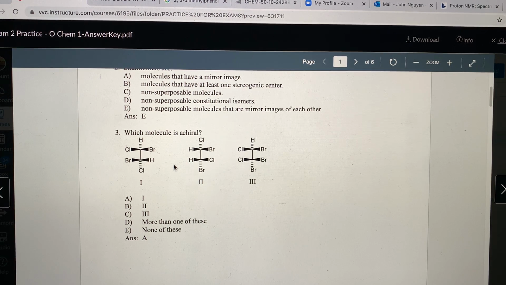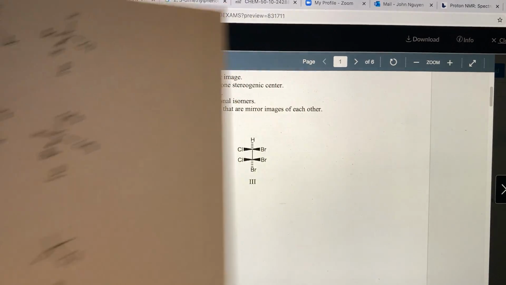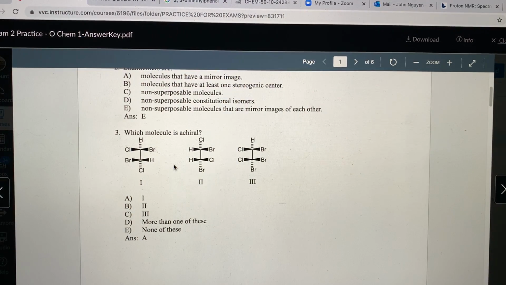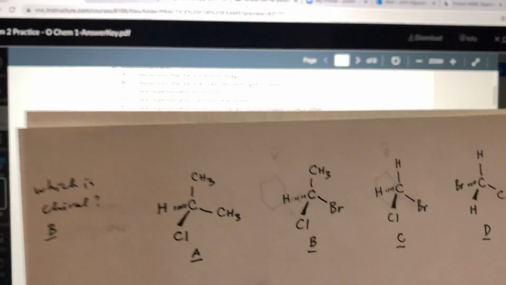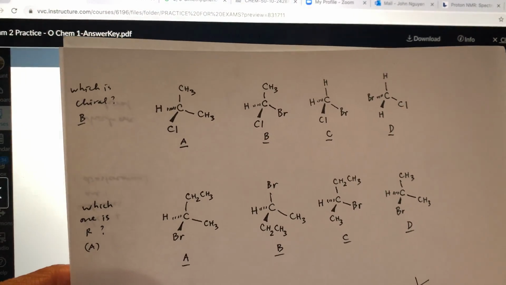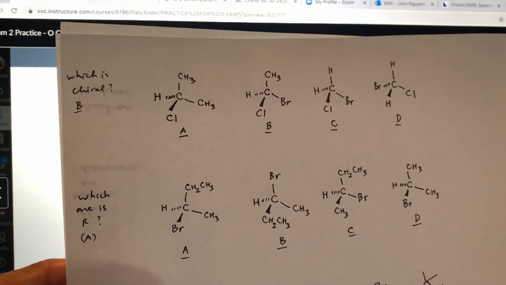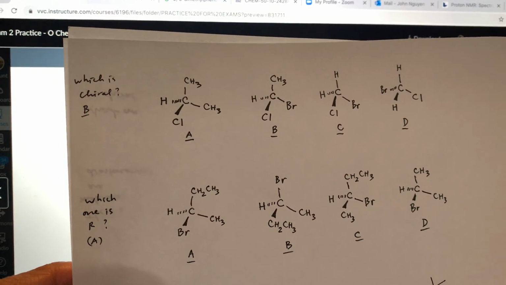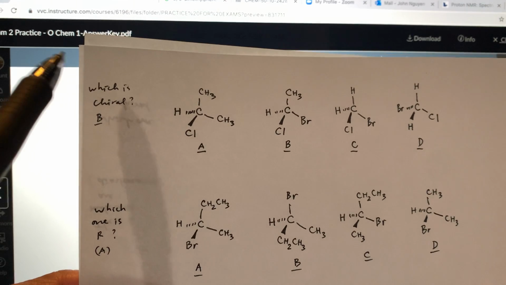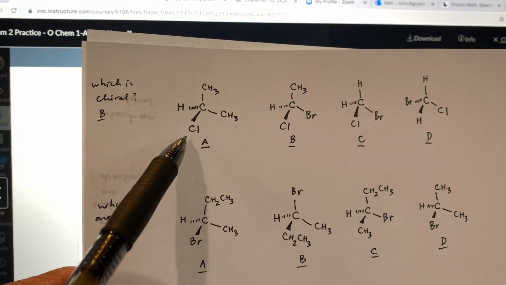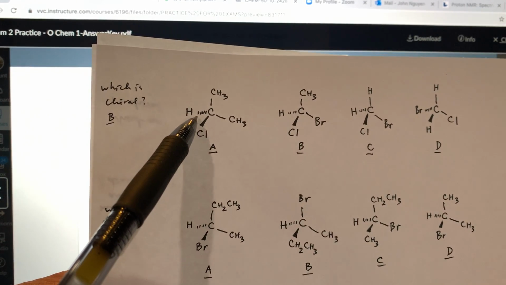For example, let me show you guys this. I built a few molecules here. The first one, which is chiral? You look at the molecule. First, you look at the carbon.